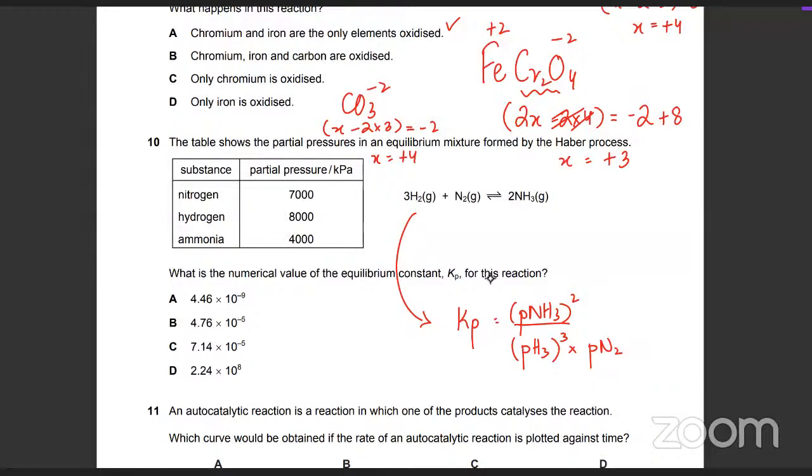Sir, how do we find NH3? Given in ammonia, that's full. Everything is given, 4,000. Okay. 4,000 squared divided by, what is hydrogen? That's 8,000.